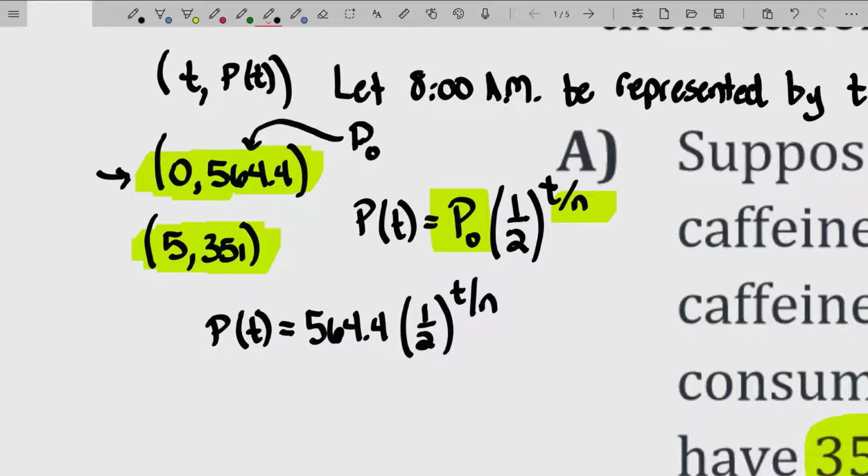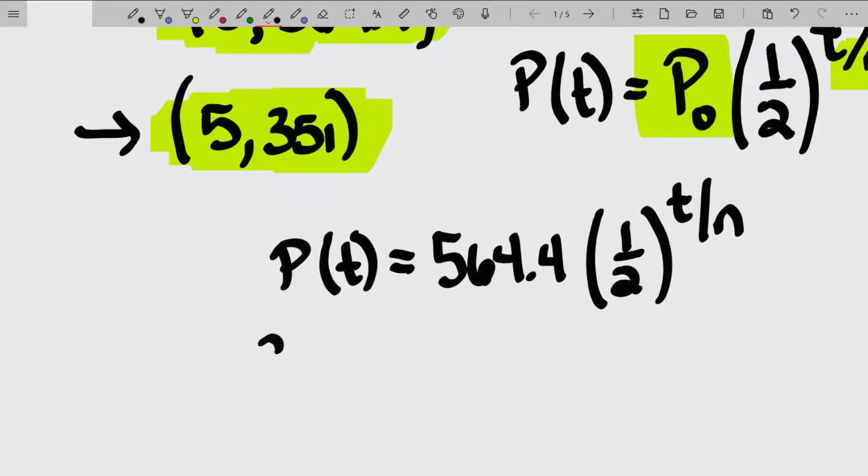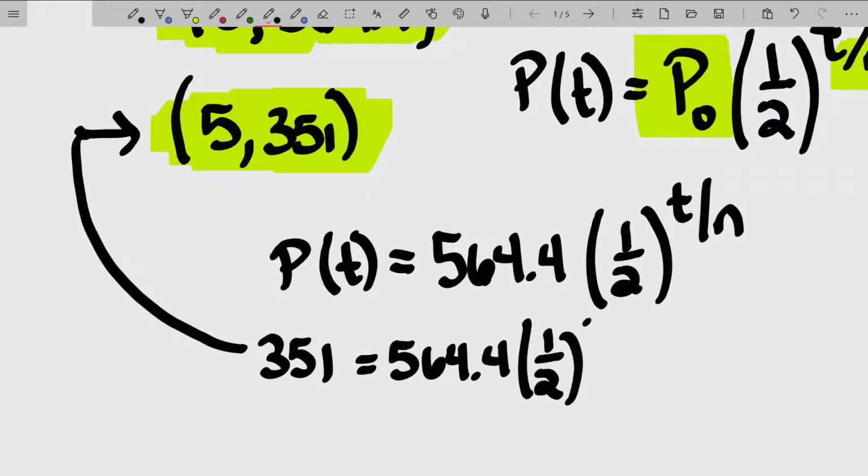Now the next thing that we need to do is take the second point and plug that in as well. Luckily, that second point, well, it's not super nice, but it tells us that the population of caffeine in our system is going to be 351. It's 351 when the time is 5 over n.